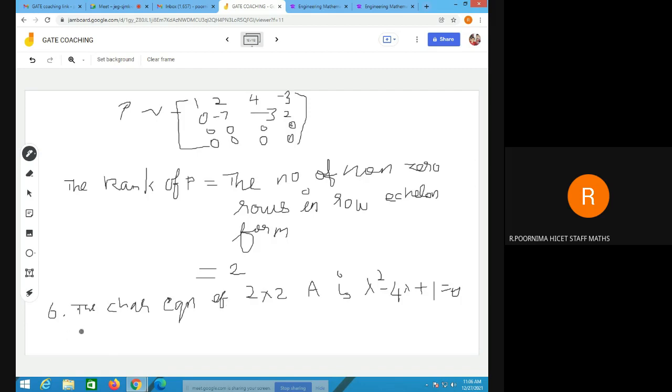They asked to find the trace and the determinant of the matrix A. What is the trace formula? Anybody knows that?